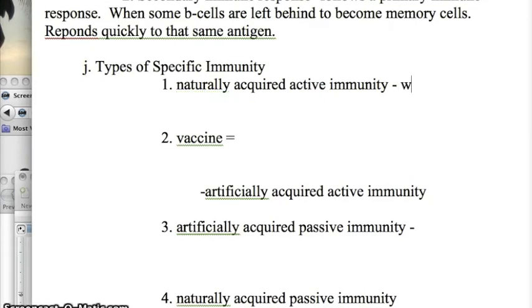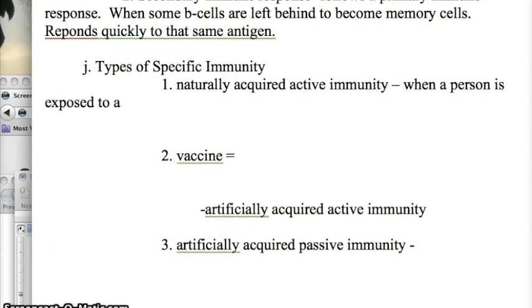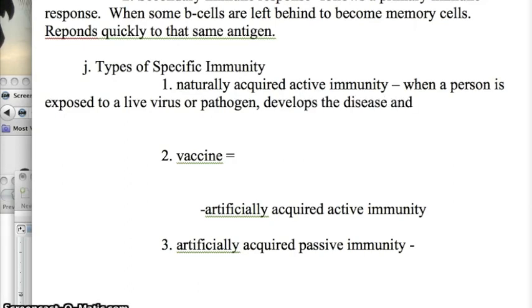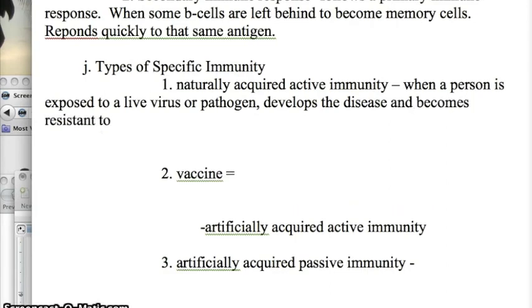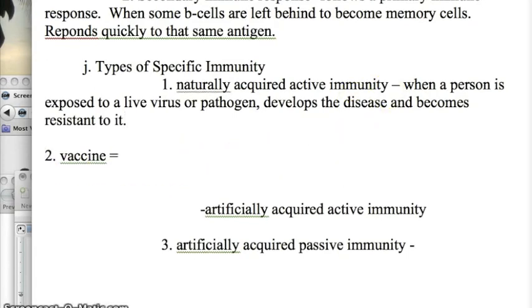And this is when a person is exposed to a live virus or pathogen, develops the disease, and becomes resistant to it. Okay, so you get sick, you get resistant to the disease.